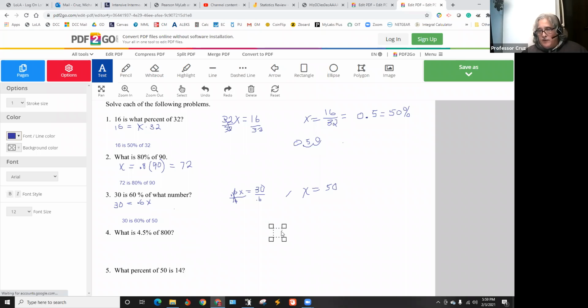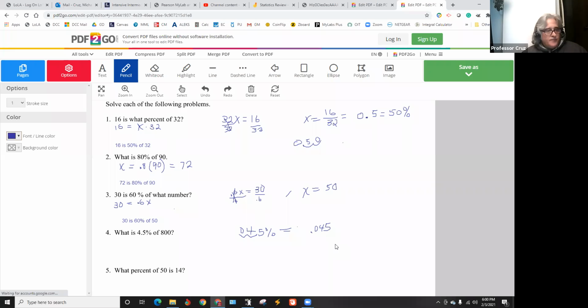All right, first of all, 4.5%. All right, so we're going to go 1, 2. You got to put a 0 over there. So this is equal to 0.45.